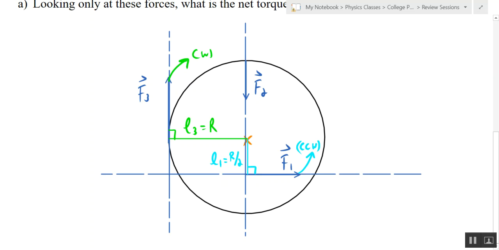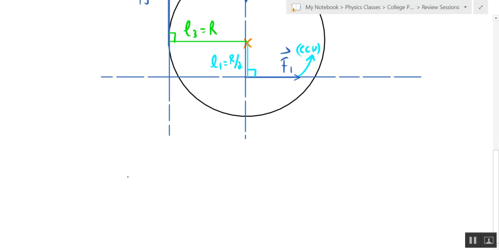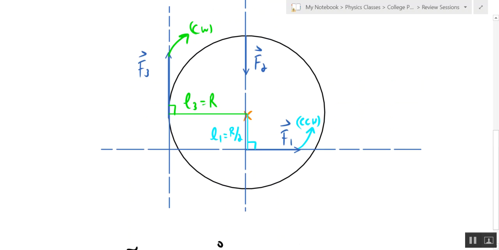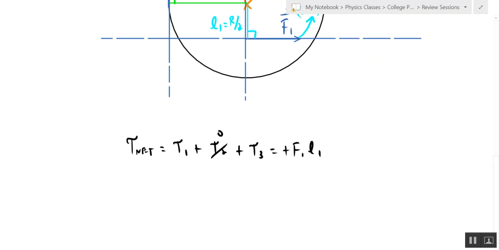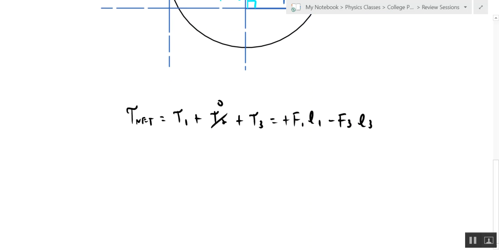Right. So the net torque, which is the sum of all the torques, is torque 1 plus torque 2, but torque 2 is 0 because the moment arm is 0, so we don't worry about that one. Torque 1 is positive, so this is positive F1 L1. And torque 3 was negative, so it's minus F3 L3.